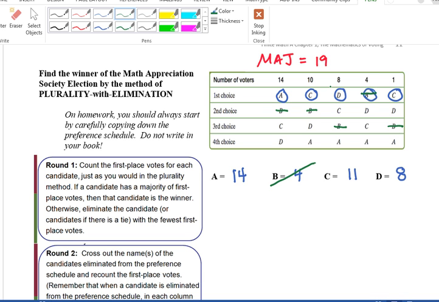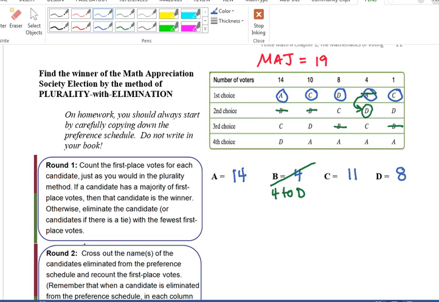Now, the problem is that the 14 people are still being represented by A, these 10 are still being represented by C, these 8 still have D, and the 1 still has C, but these 4 people aren't being represented anymore. So I'm going to give those 4 votes to the person who's next down in the table, and those 4 votes are going to go to D. Now, again, I want to say it's not because D has the fewest, it's because that is who is next in the ballot for this particular set of candidates.